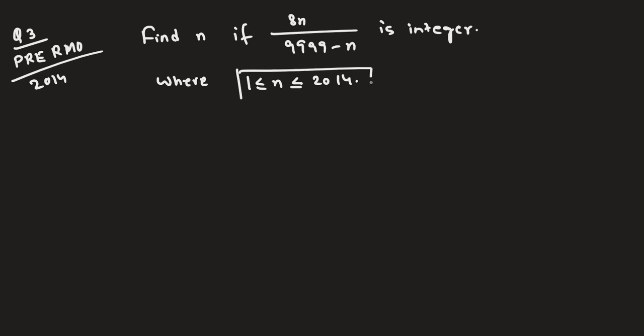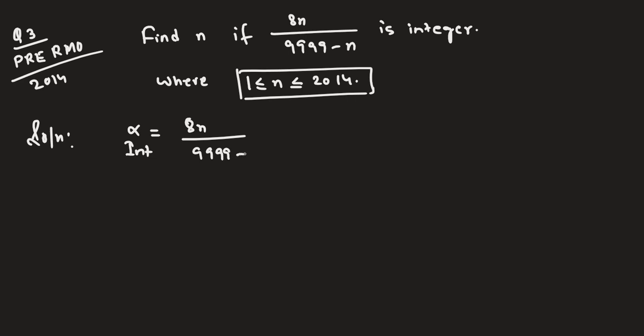So this is the integral range of n, and we have to find n so that this number is an integer. Now we assume that this value is alpha, which is an integer. Alpha is 8n by 9999 minus n. Dividing numerator and denominator by n, we have 8 by 9999 by n minus 1.